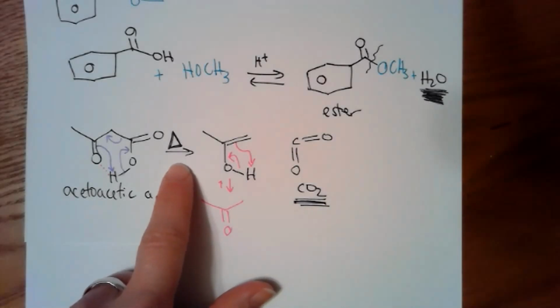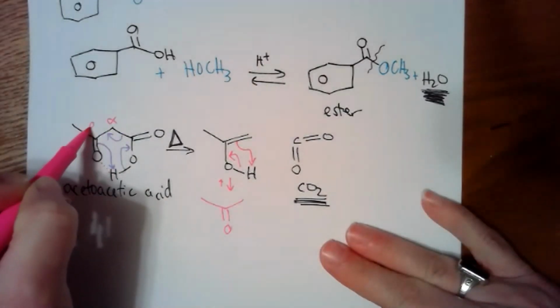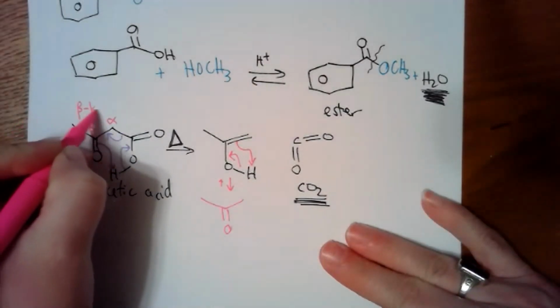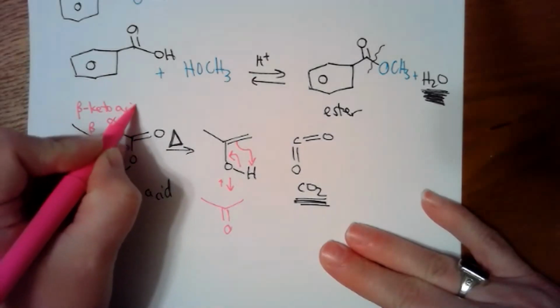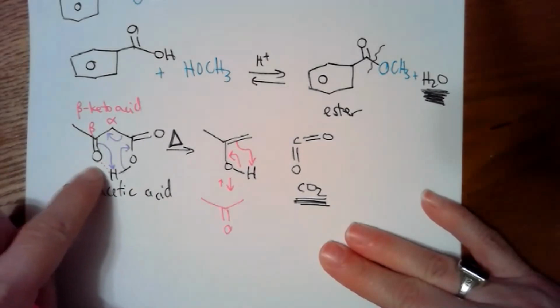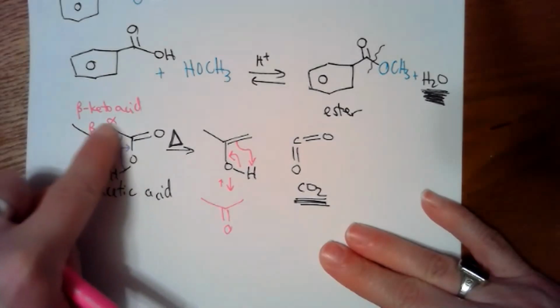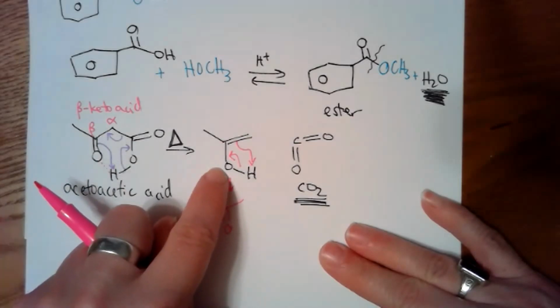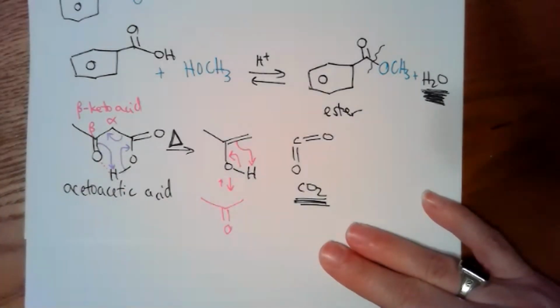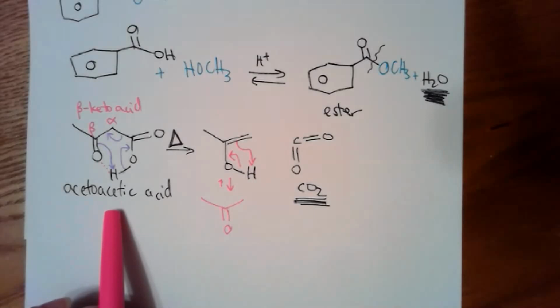What's so special about acetoacetic acid is it's a beta keto acid. Having that ketone in the beta position causes this hydrogen bond, but furthermore, it participates in the reaction to make this enol. A typical carboxylic acid does not decarboxylate, but acetoacetic acid and other similar beta keto acids can.